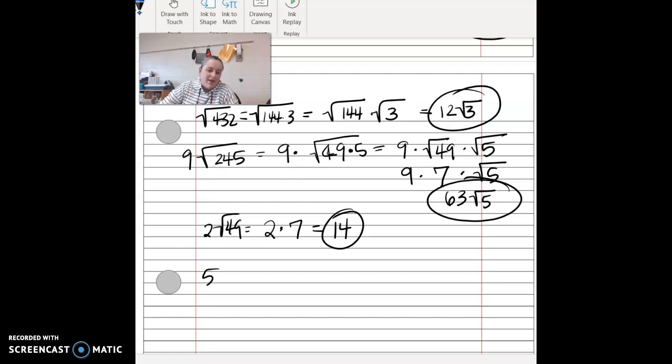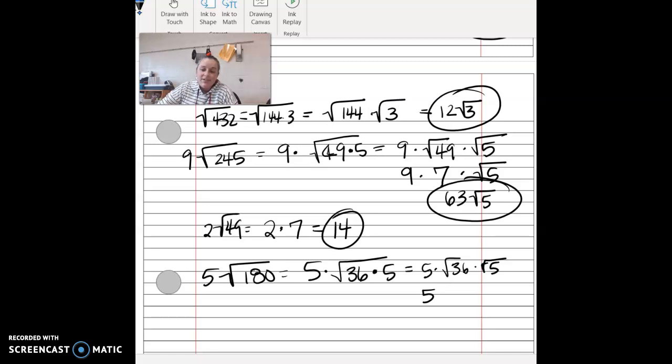One more. 5 times the square root of 180. So we have 5 times the square root of 180. Is that a nice number? No. So we're going to have to rewrite 180. 180 could be written as 36 times 5. Split that apart, so I get 5 times the square root of 36 times the square root of 5. 5 is already simple.